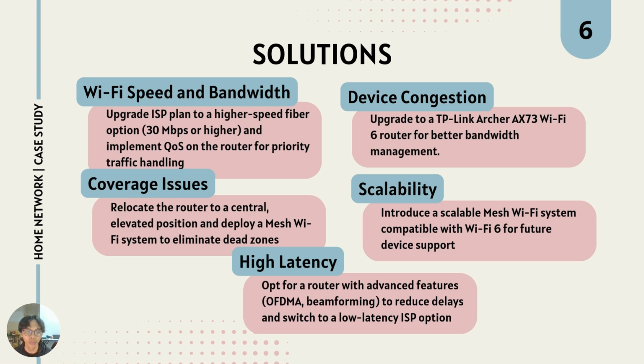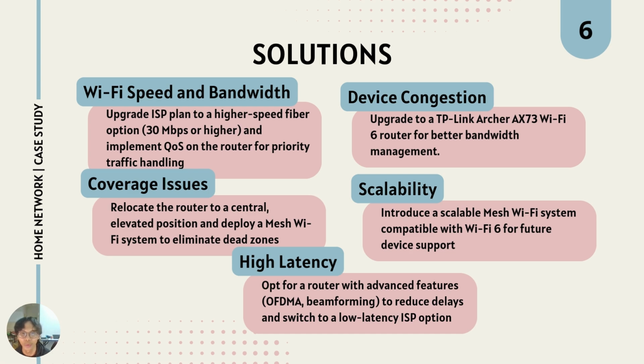The second problem we have is coverage issues, which we have to solve by relocating the router to a central elevated position for better coverage. The next problem is device congestion.